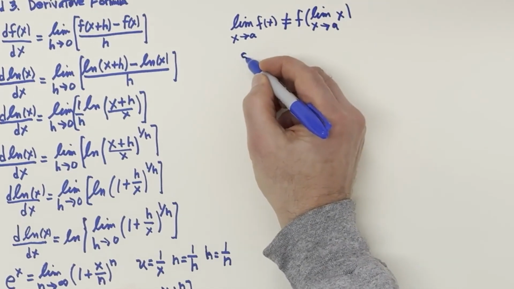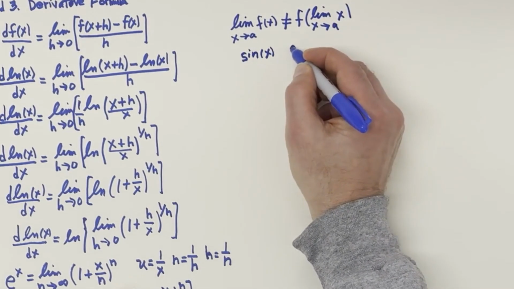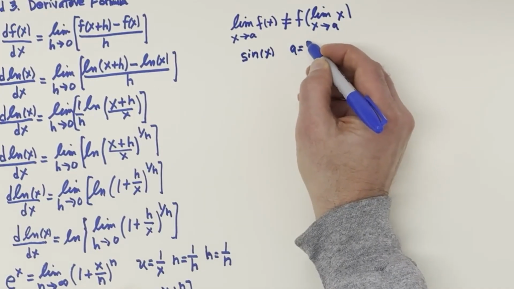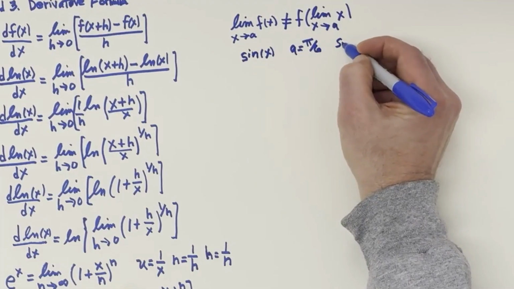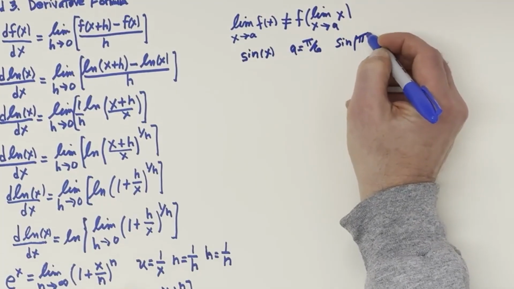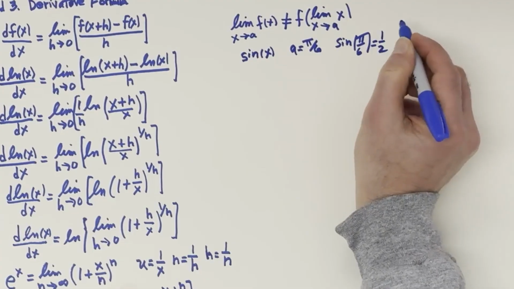Now we're going to use the sine of x as an example, and I'm going to look at a to be pi over 6, 30 degrees, so that the sine of pi over 6 is 1/2.